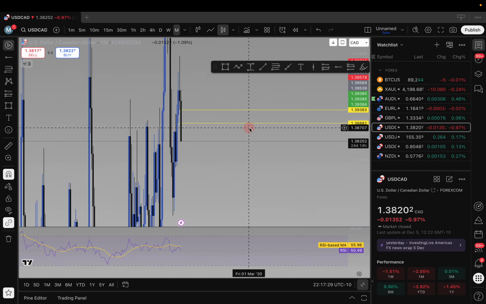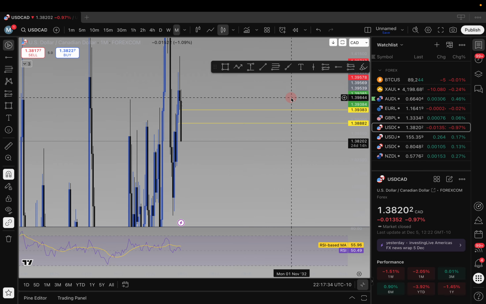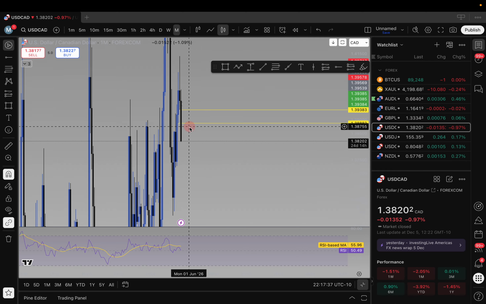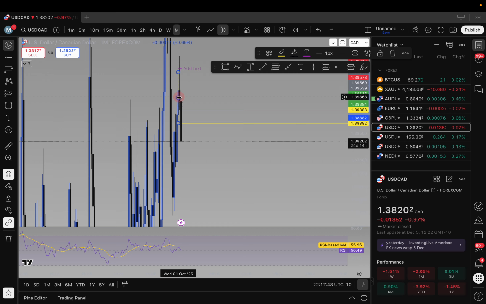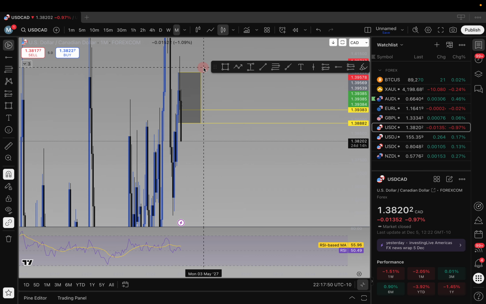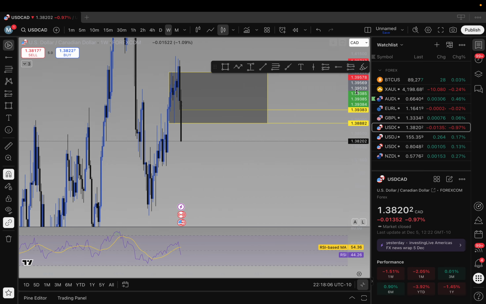Right, on the monthly, let's see, so it created a new theory candle right here, and it's only the beginning of the month, right? So we're on a bullish momentum right now on the monthly. Now we know we're on a bullish.